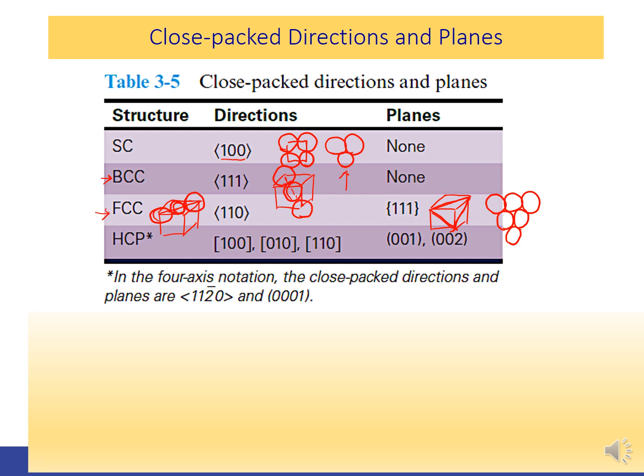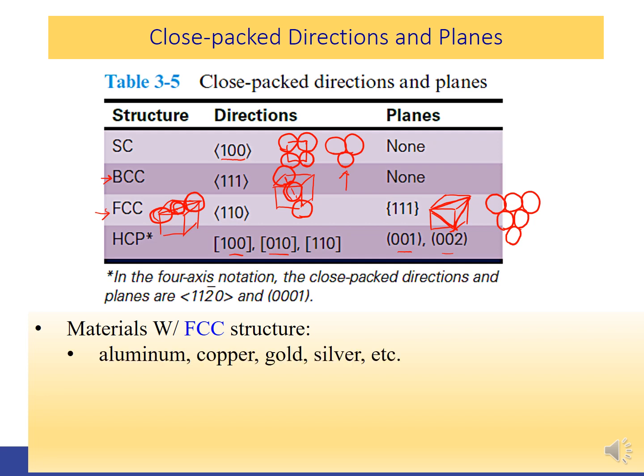For HCP structure, it's also a close packed structure. This is just for your information. You don't have to know the direction and the plane for HCP. All of the edges of the HCP cell are close packed directions, and the close packed planes are the top and the bottom planes. Materials with FCC structure include aluminum, copper, gold, silver, and others.